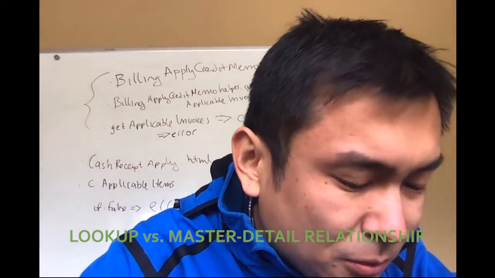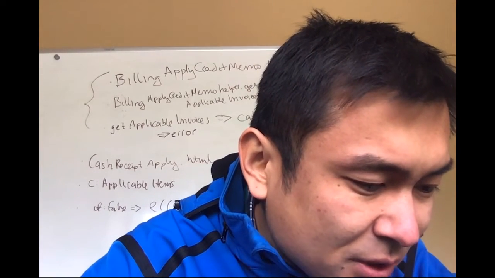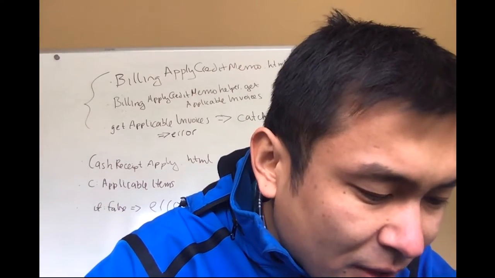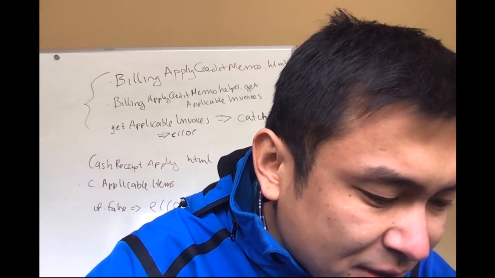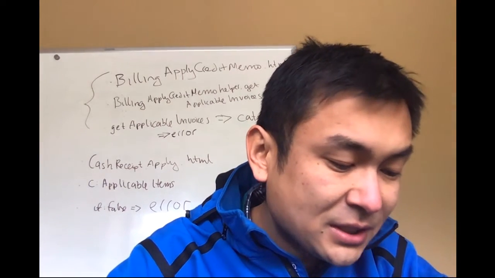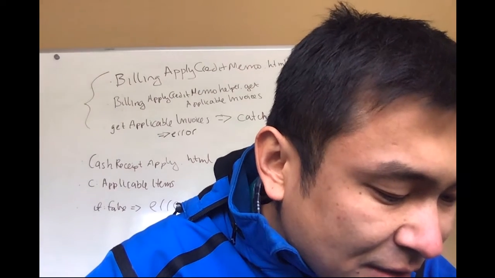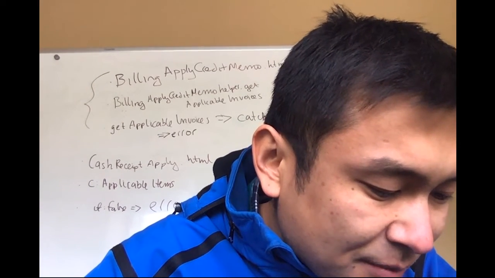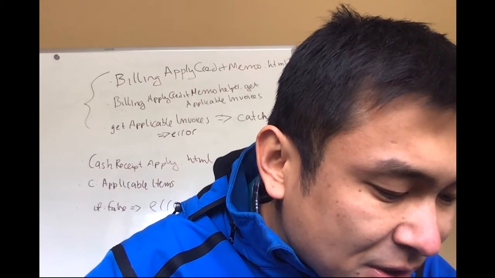Lookup is a loose relationship where the sharing settings are not inherited. With master detail, the sharing is inherited from the parent to the child, which means if a person has access to the parent, they automatically have the same access to the child. And by default, in master detail, if you delete the parent, the child is also deleted.